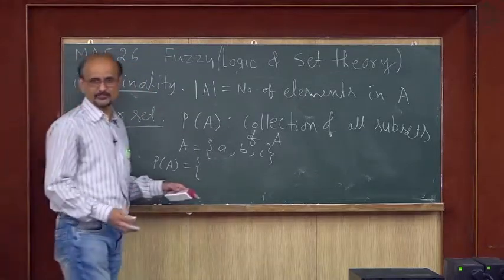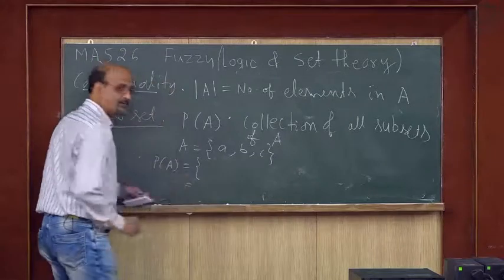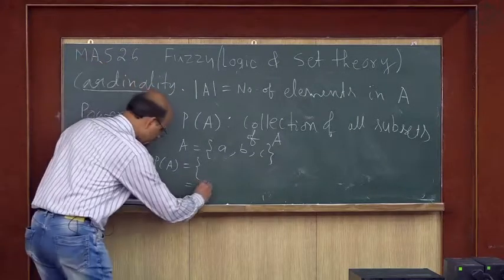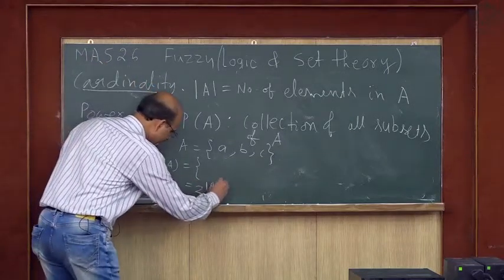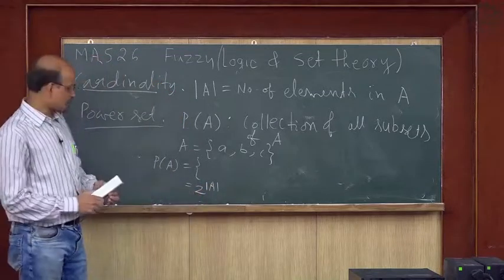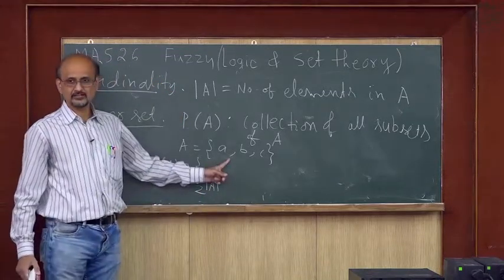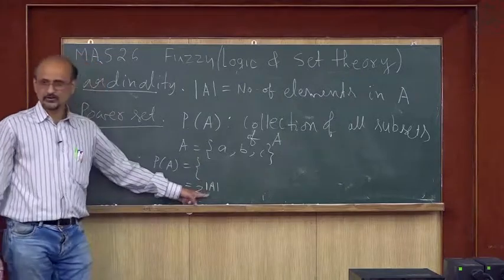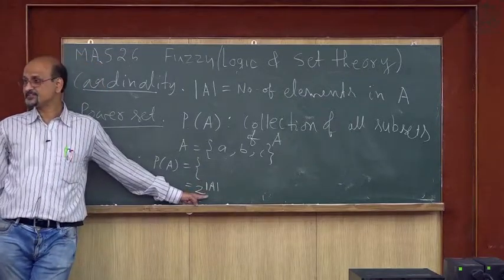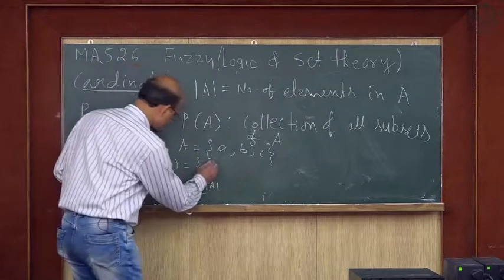You know that formula, that means. Okay. So, this is actually 2 to the power cardinality of A. So, cardinality of A is 3. So, it should be 2 cube, that means 8. So, what are those?